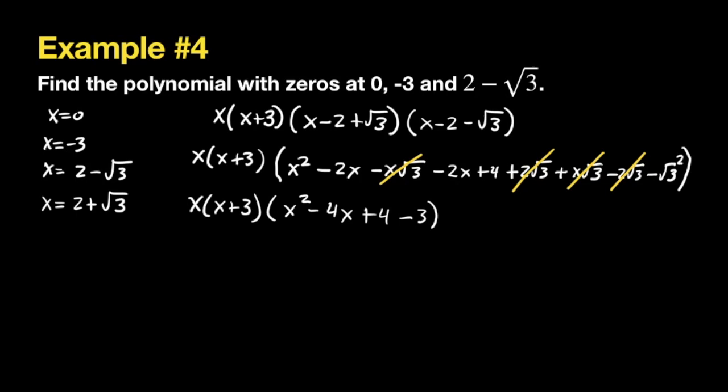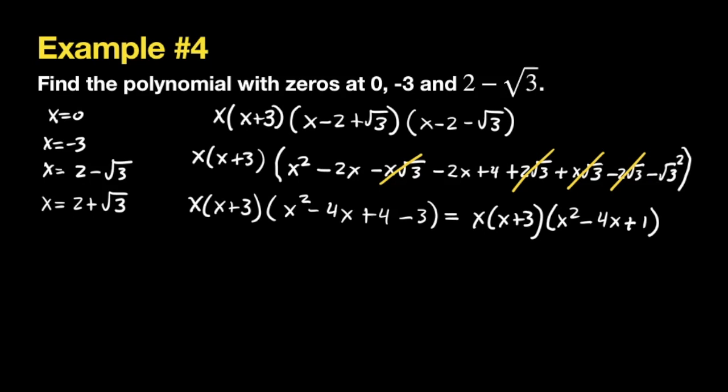And that's going to simplify to x plus 3, x to the second minus 4x plus 1.